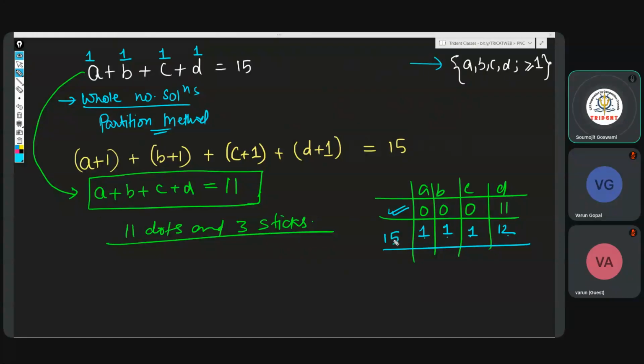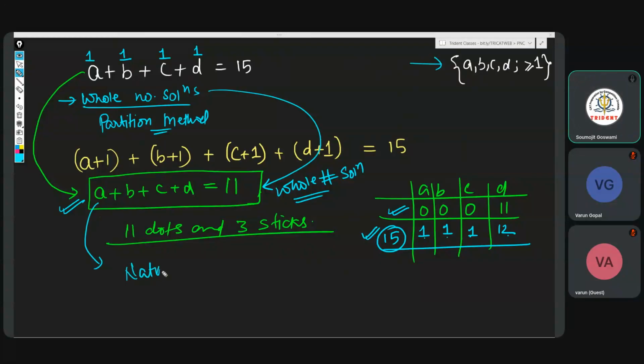So the final equation is intact. We did a little bit of modification just to make our life easy. From whole number solutions, this is also whole number solutions. But this equation will give you natural number solutions for the parent equation.